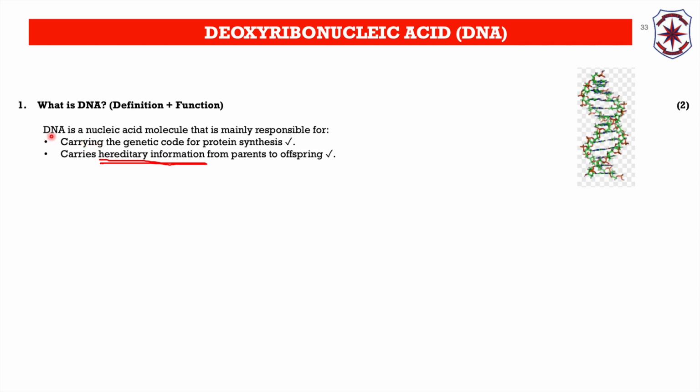Now, the DNA of your father's sperm contains his genetic information, this hereditary information of his height, his eye color, shape of the nose, whatever. So all his characteristics are stored in his DNA.